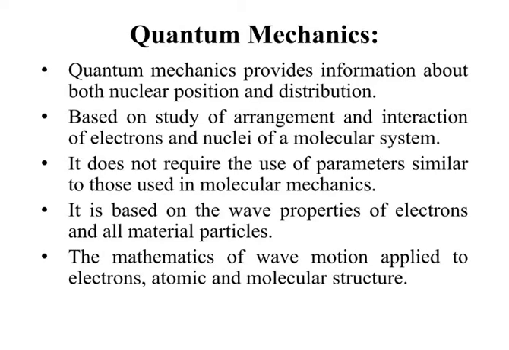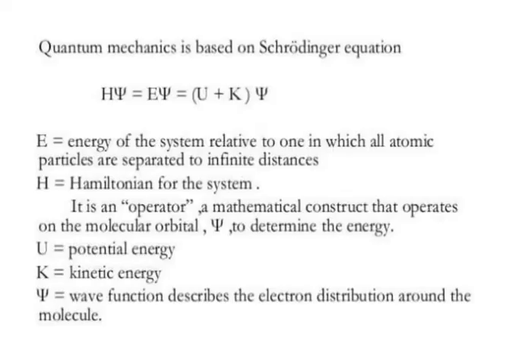It is based on the wave properties of electrons and all material particles, so the mathematics of wave motion applies to electrons and atomic and molecular structure. Quantum mechanics is based on the Schrodinger equation, H psi = E psi, where H = U + K. E is the energy of the system relative to one in which all atomic particles are separated to infinite distance.